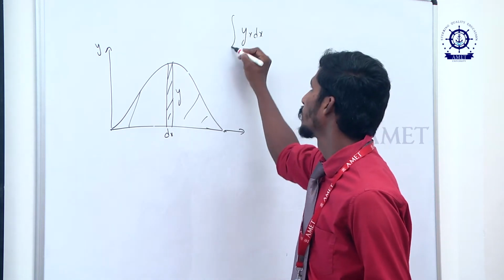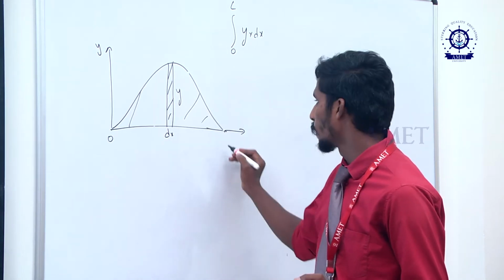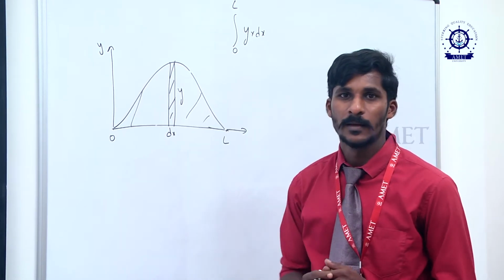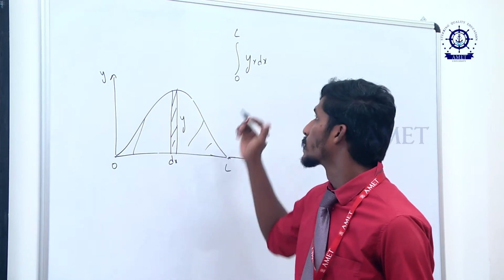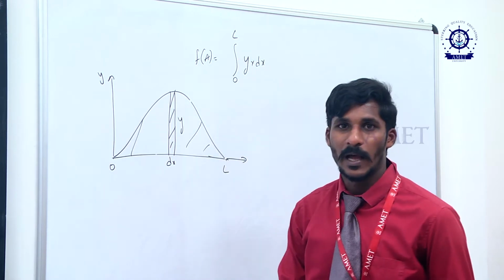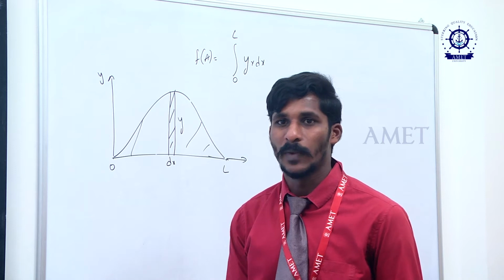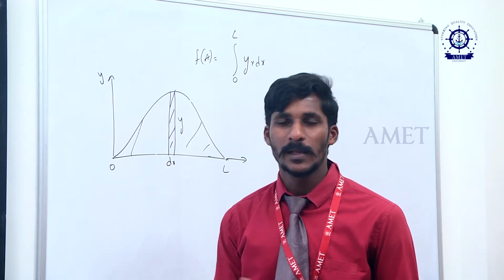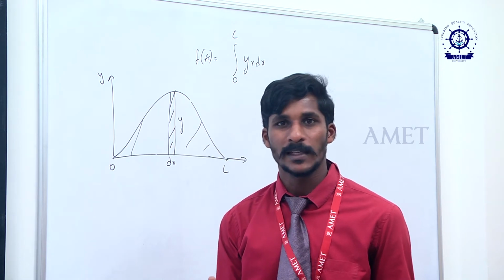Integrate from 0 to L, where 0 is the starting point and L is the overall length. So this is our f of a, the function of area, which defines the area under the curve by using integration.